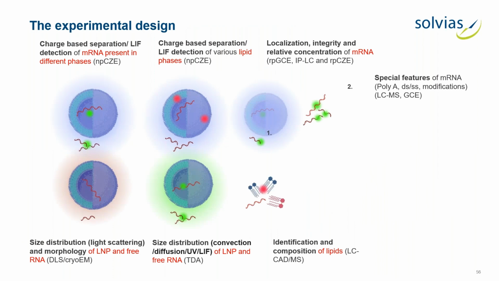From the sober strategy now to colored balls. Using an RNA-specific labeling of the intact LNP and combining it with the electrical field, on the left side, we get the information regarding all RNA-containing phases, structures, forms.